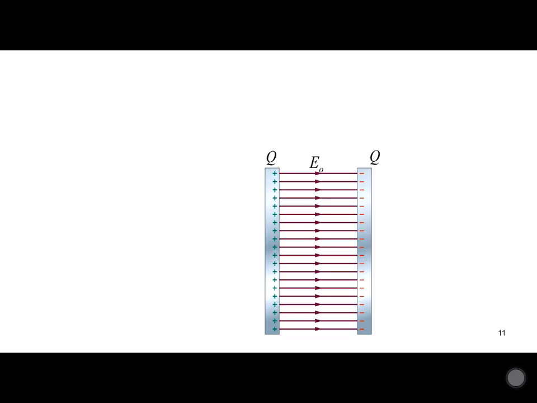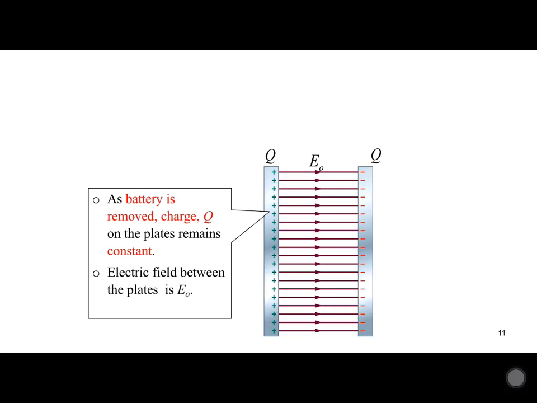It has been connected and charged, and the battery is then removed. As the battery is removed, the charge Q on the plates remains constant. Even though this capacitor is no longer connected to the potential difference, it will keep the value of charge on both plates.